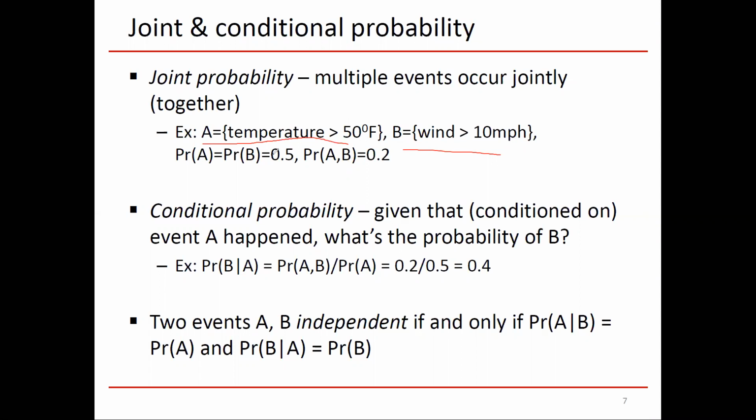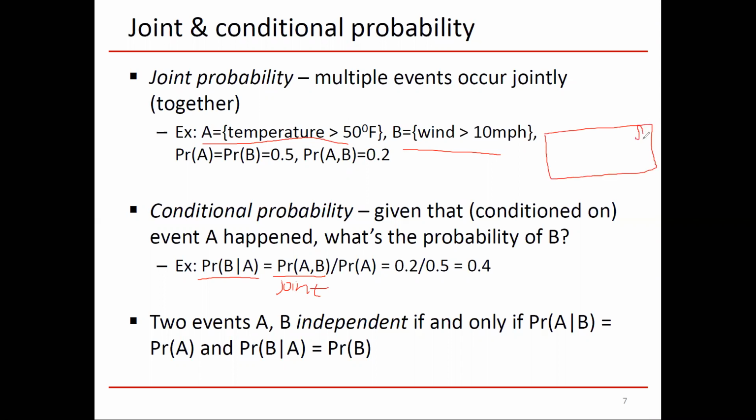So that leads to the next definition, of conditional probability. Given that, or conditioned on, the event A happened, what's the probability of B? So for example, the probability of B conditioned on A is the joint probability, but let's envision this in a Venn diagram.